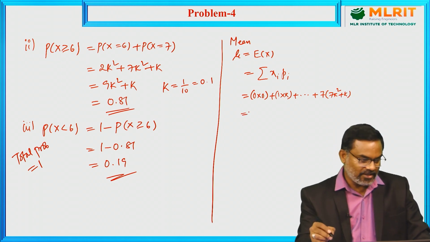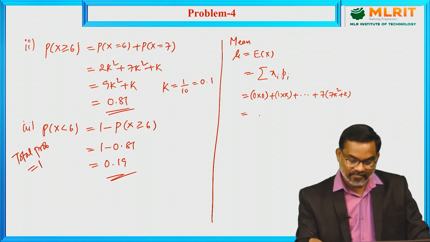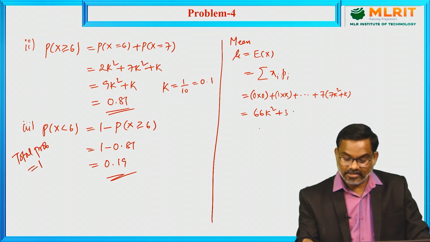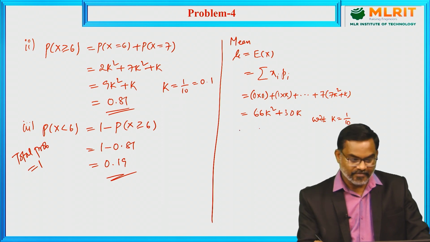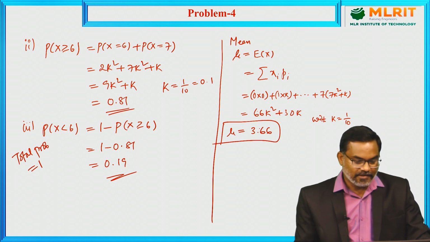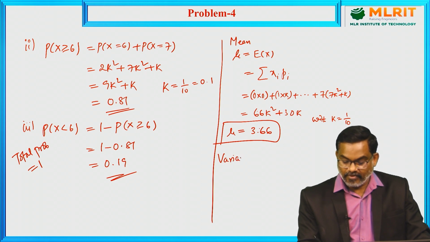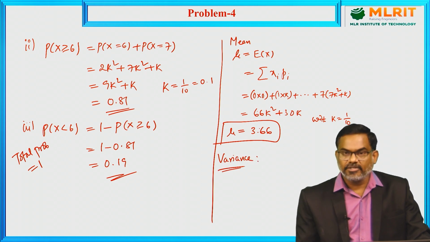So finally this results in the form 66k square plus 30k, with k equal to 1 by 10 or 0.1. So the final answer is 3.66. Mu is 3.66. Similarly, we can calculate the variance of the distribution.